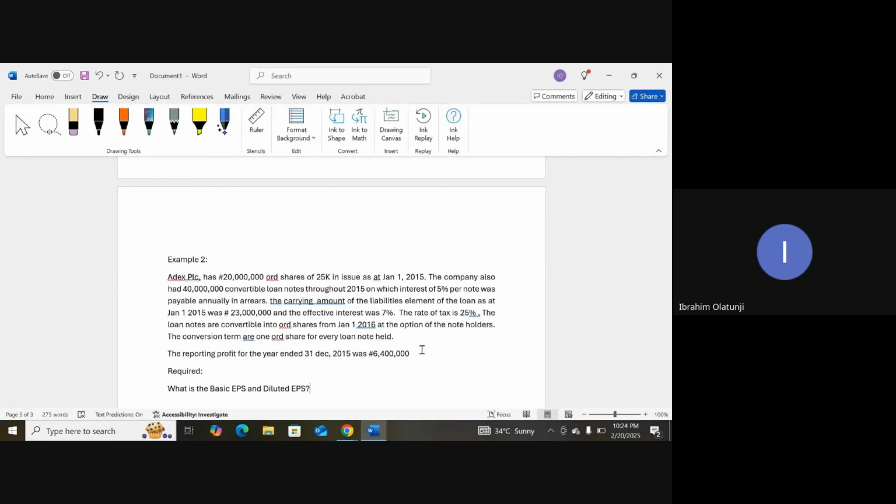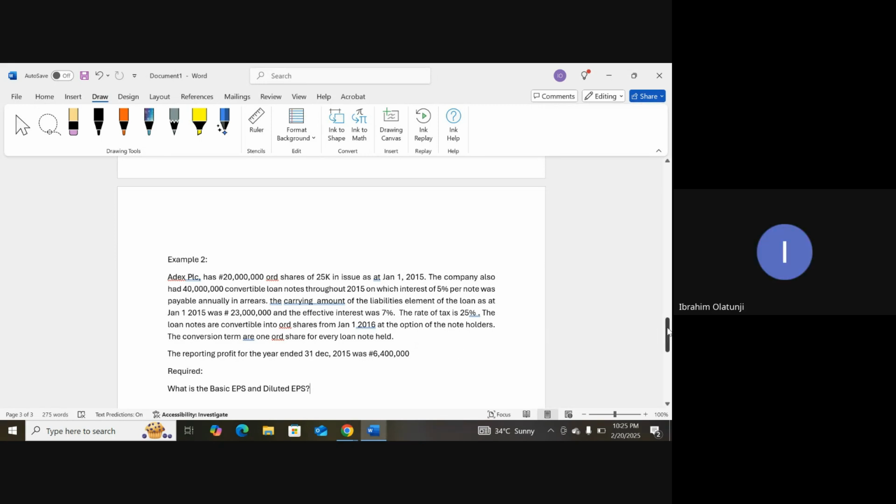So, who can read the question for us here? Let's understand the question first. Adex PLC has 20 million ordinary shares of 25 kobo in issue. So we have to be specific, it is 20 million naira.